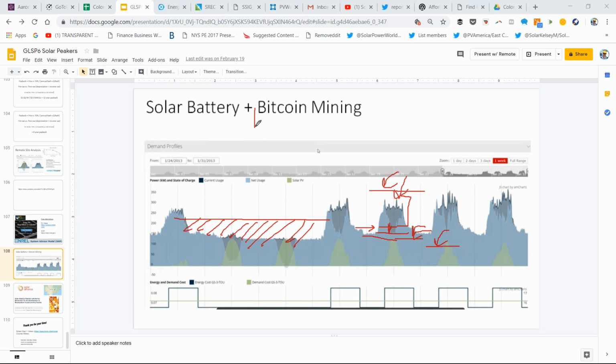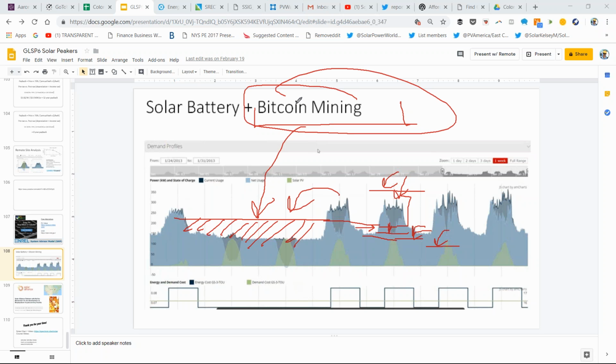So if you are into Bitcoin mining for profit, that's another way to make your commercial electricity interconnection more profitable, is not just by shaving off the peaks, but then by filling in the valleys. Bitcoin mining being nothing but converting electricity into money. You have to have a cheap electric rate to do that. That's a great use of this.